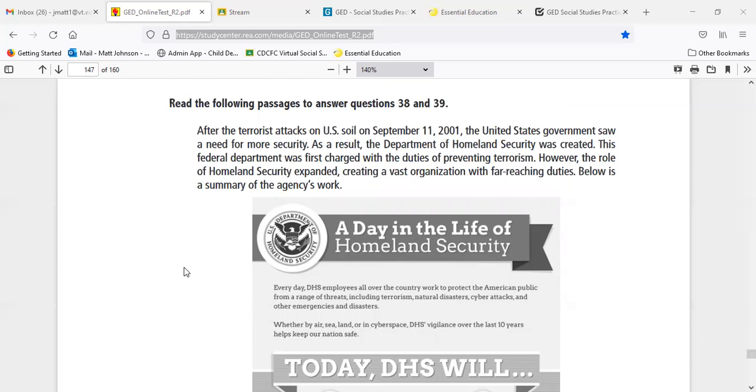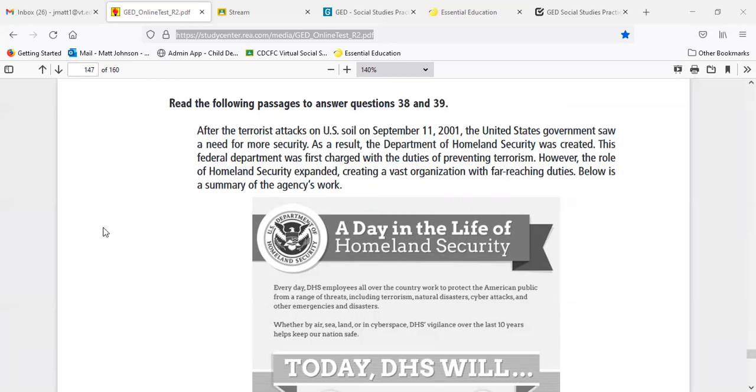So it's saying after the terrorist attacks on U.S. soil on September 11th, 2001, the United States government saw a need for more security. As a result, the Department of Homeland Security was created. This federal department was first charged with the duties of preventing terrorism. However, the role of Homeland Security expanded, creating a vast organization with far-reaching duties.